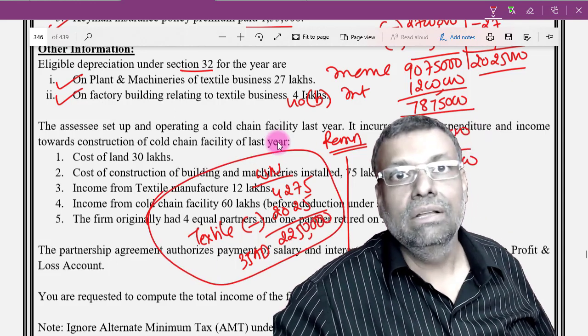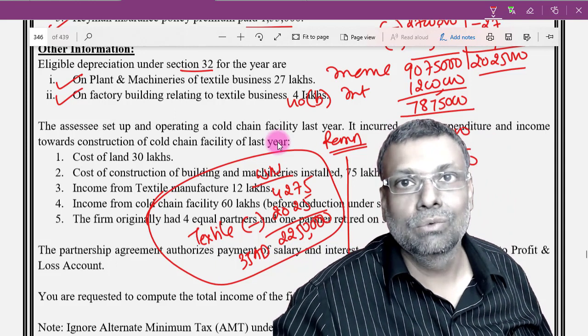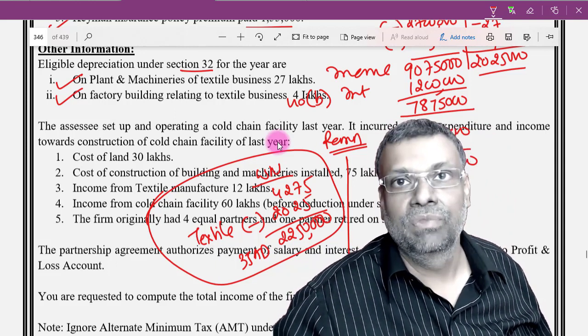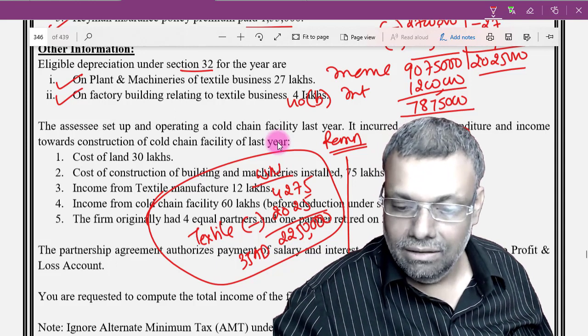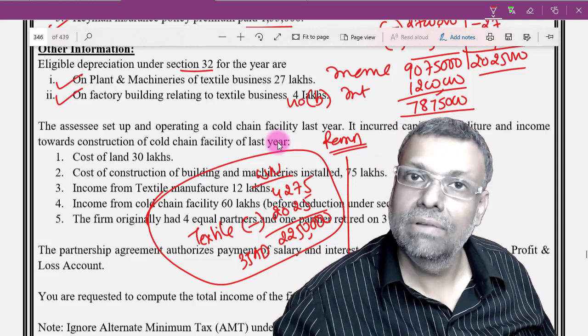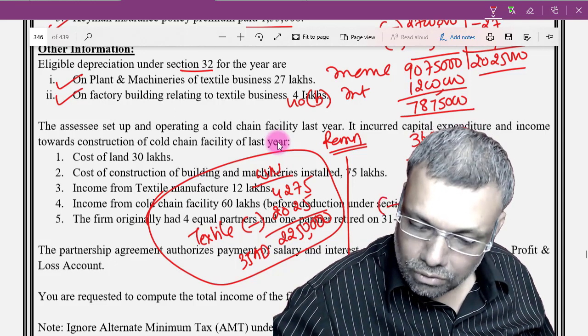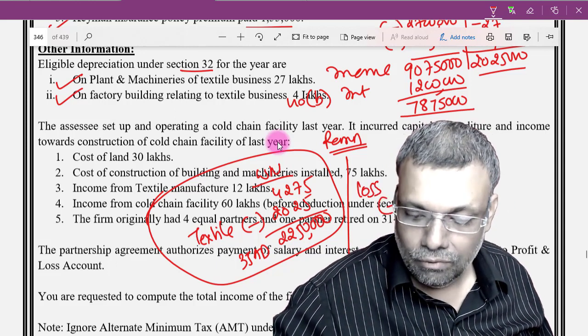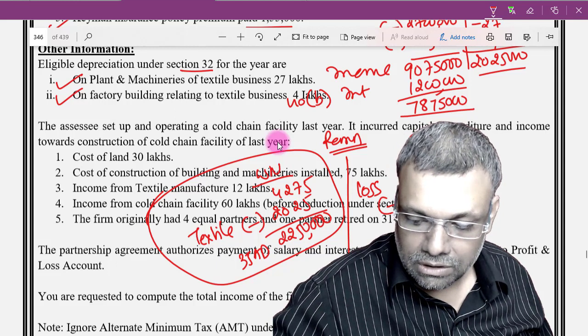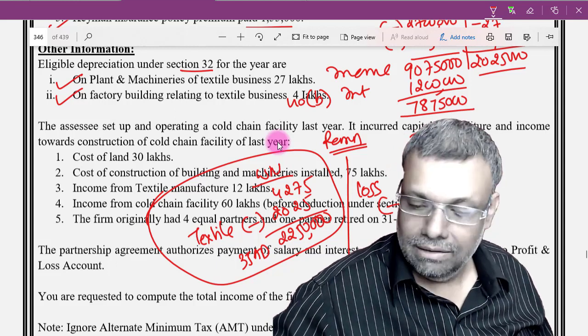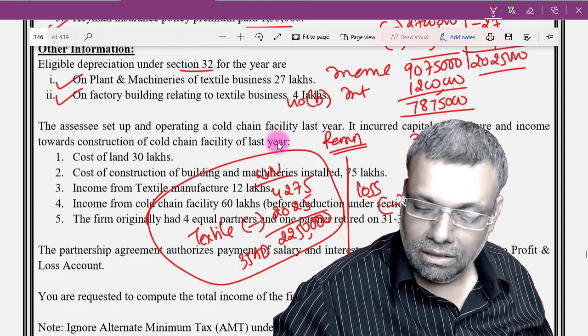Now the 35 AD brought forward loss was some 11 lakhs, an odd figure. So what I'm concluding is that in 42 lakh 75,000, I have enough profit to absorb 35 AD losses. So I will do the 35 AD loss adjustment fully, 11 lakh 25,000, and balance is 31 lakh 50,000 income.